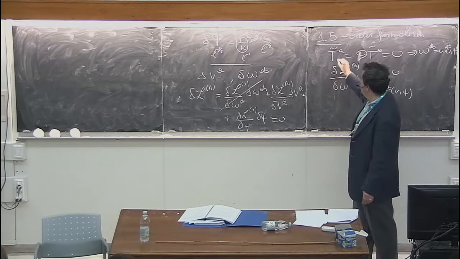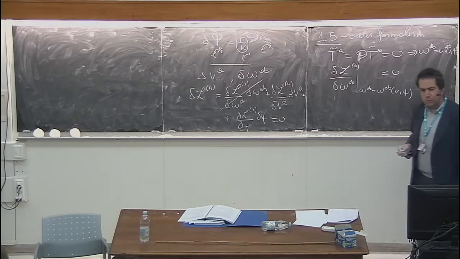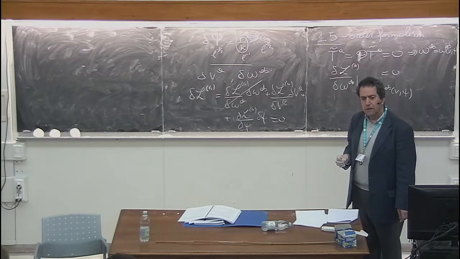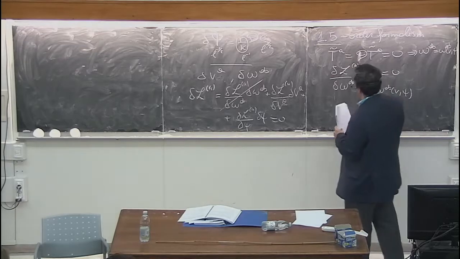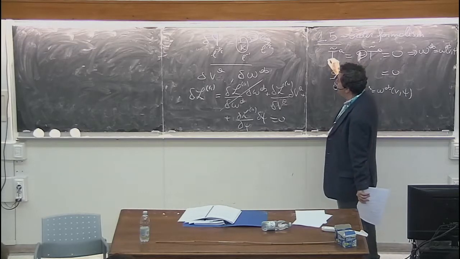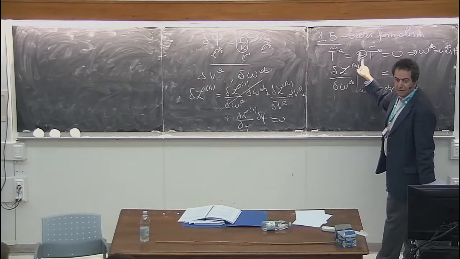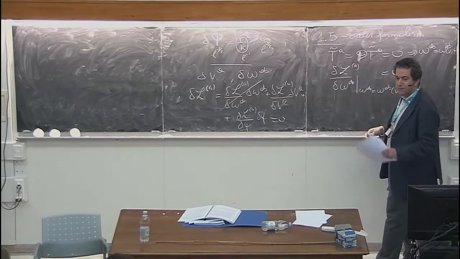We just set these equations equal to 0. The second order in this case is basically just this one, where you express omega in terms of all the other fields.